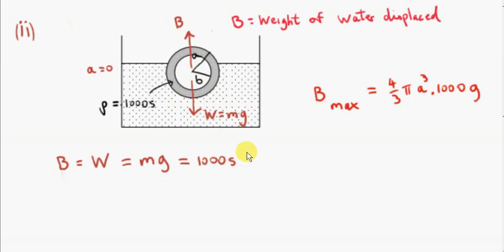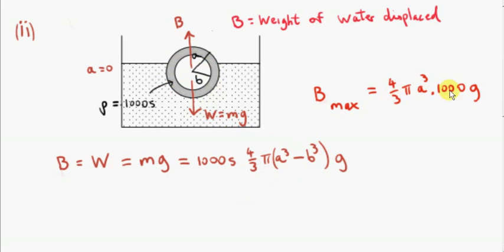Well, that's just the volume of the outer sphere, 4/3 pi A cubed, minus the volume of the inner sphere, which is also a sphere, so it's 4/3 pi B cubed. So we can factorize out the 4/3 pi. So density times volume gives us the mass, M, of the shell, which is the mass of the entire sphere.